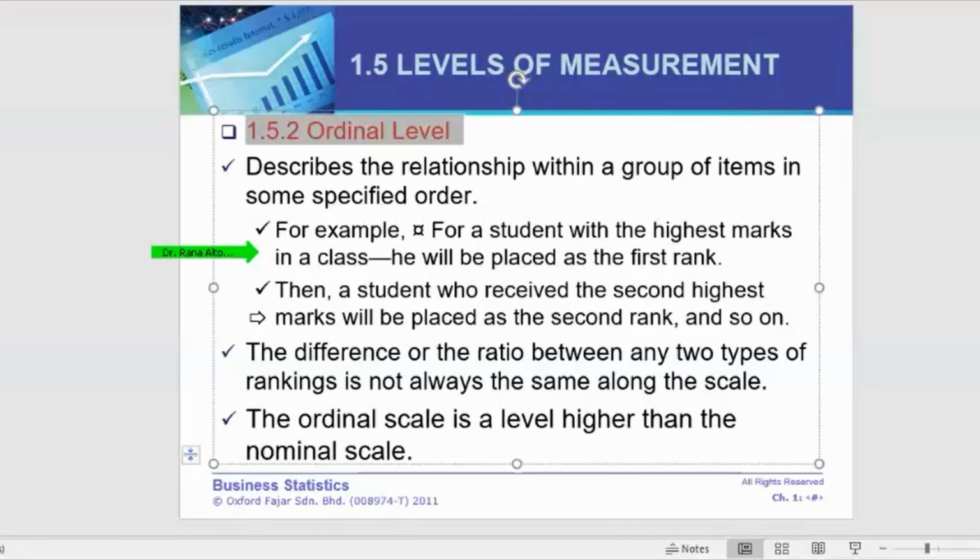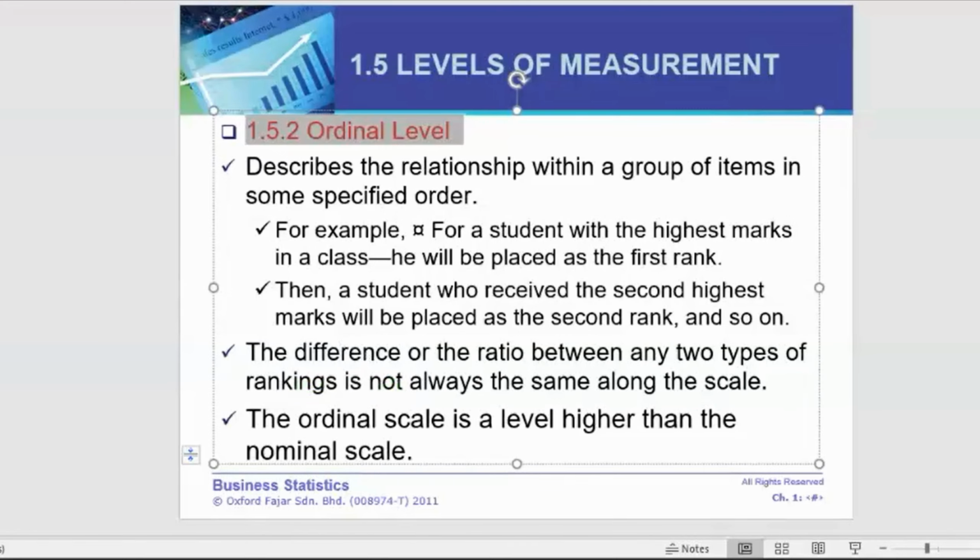The student who ranked third got 70. So here the difference between second and third is 10, not 20 like the first, okay? So while we have ranking, the difference or the ratio between any two ranks is not always the same along the scale. It's just a kind of ranking for the information.